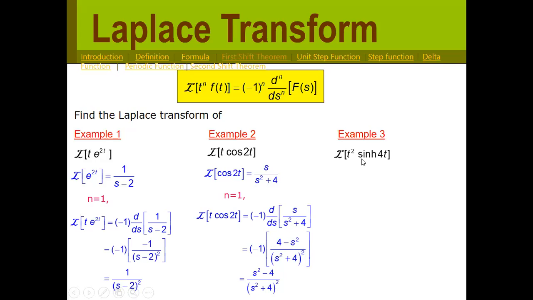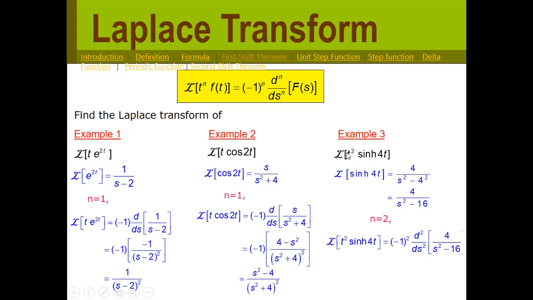Okay. Laplace T square sin hyperbolic 4T maksudnya Laplace sin hyperbolic 4T dulu, you get the 4 over S square minus 16. But N dia 2 kan? N dia adalah 2. Sebab apa? T kuasa 2. So you need to differentiate for the second order for the 4 over S square minus 16 ni.